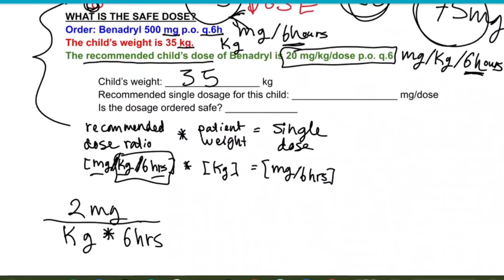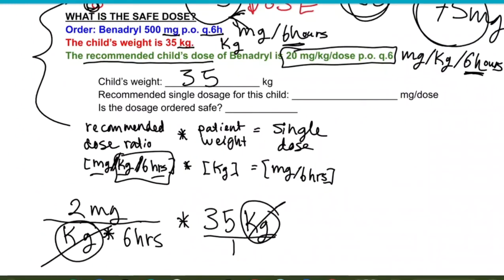And then when you times it by the child's weight, which is 35 kilograms, there's just an invisible 1 right there, because if you divide anything by 1, it's just itself. So if a unit is on the top and the bottom, then they cancel out, like that.